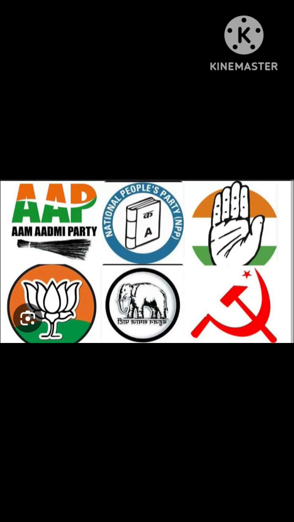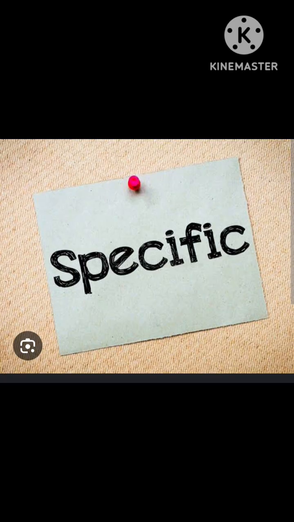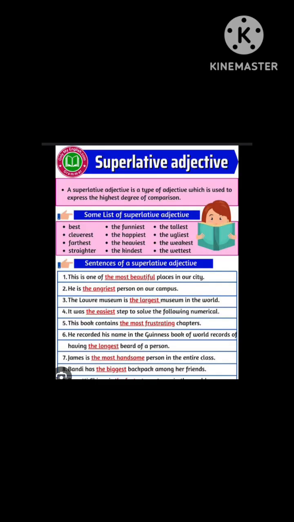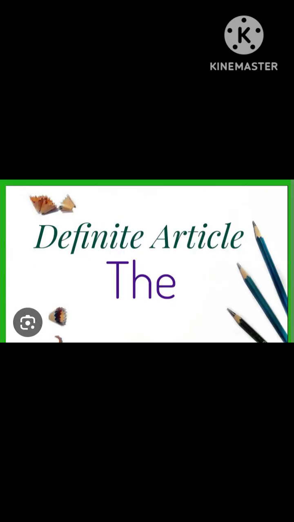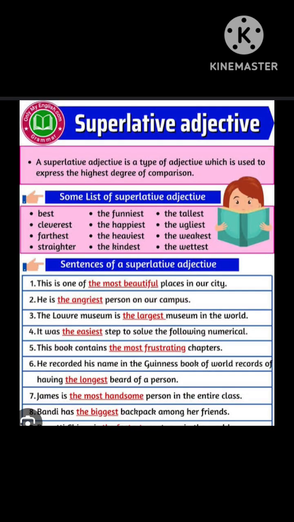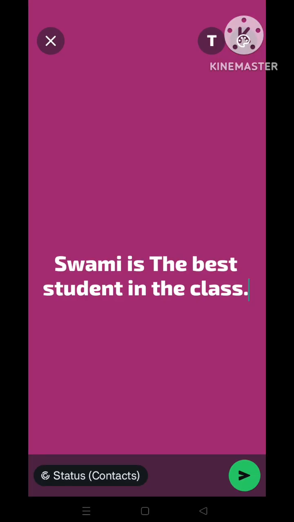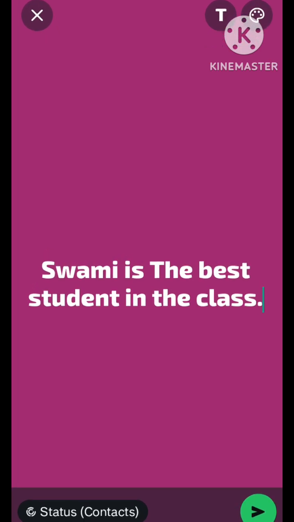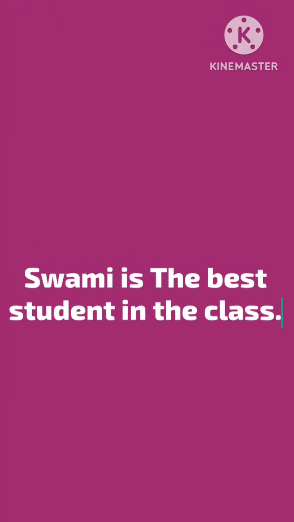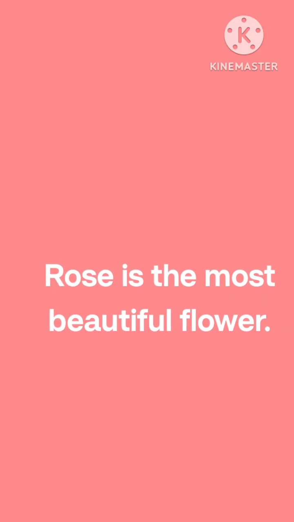The next rule is when we use the definite article with superlatives. In the degrees of comparison, in the superlatives, we use the definite article: the most beautiful, the longest, the highest, etc. For example, Swami is the best student in the class. Rose is the most beautiful flower.